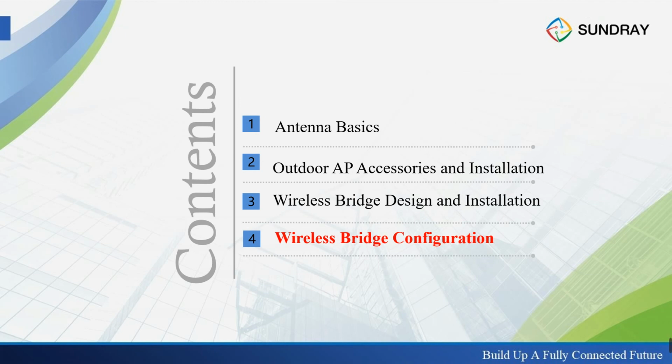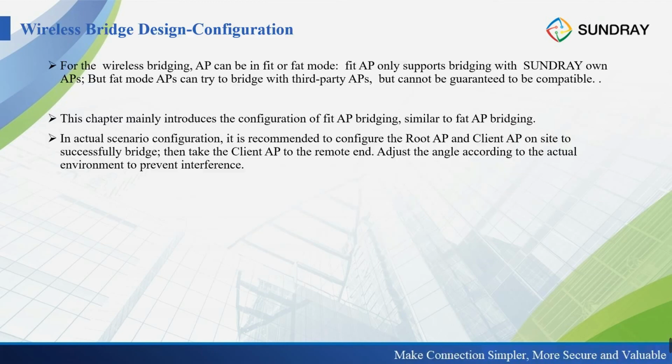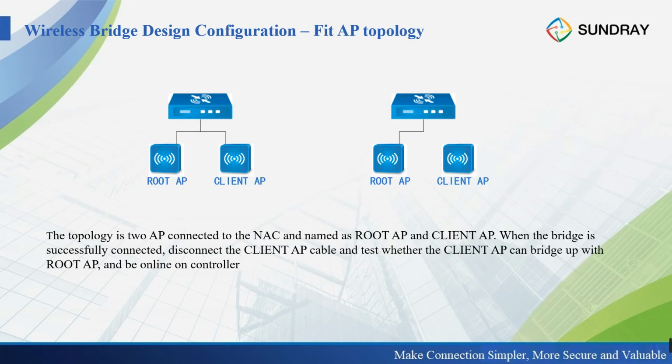So now let's see the wireless bridge configuration. For the configuration, first I'm going to talk about the fit mode, and we will also show the configuration in the fat mode. When we do the configuration, first we approve the root AP and the client AP both in the controller, and then we do the configuration.